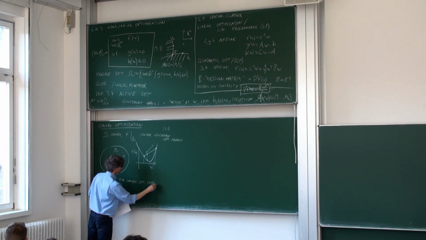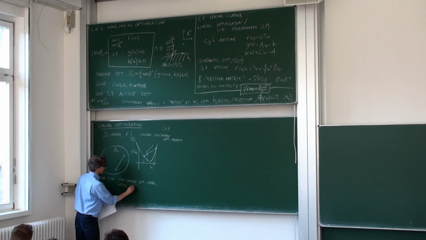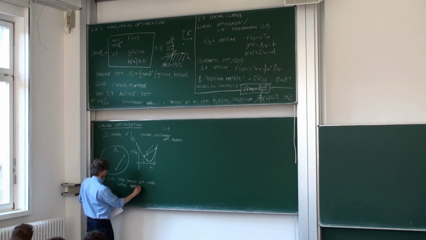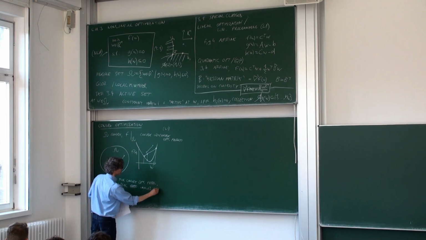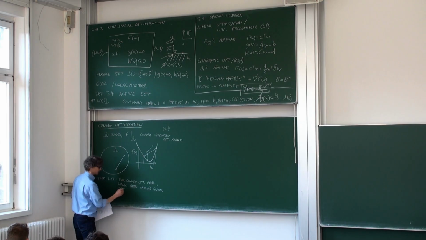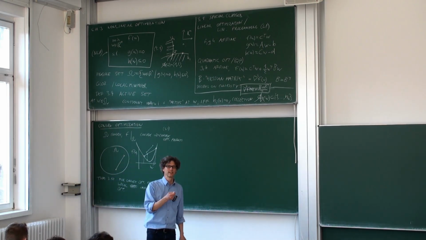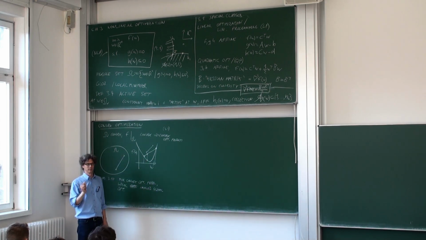That means if you have a local minimizer of a convex optimization problem, local optimality implies global optimality. If you have found a local minimizer of a convex optimization problem, there is the guarantee that you will have a global optimizer.